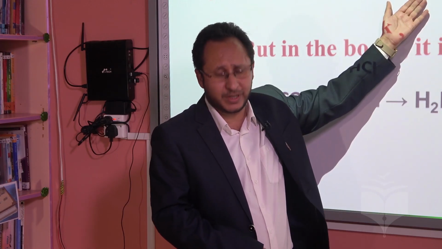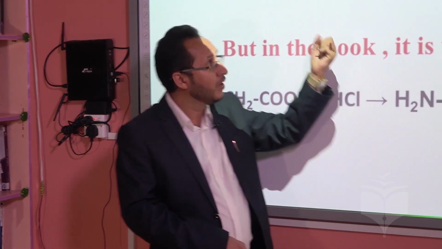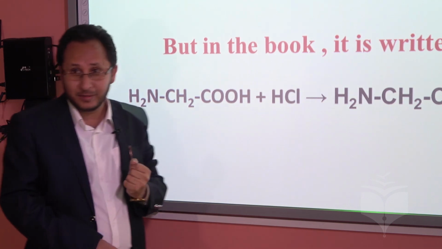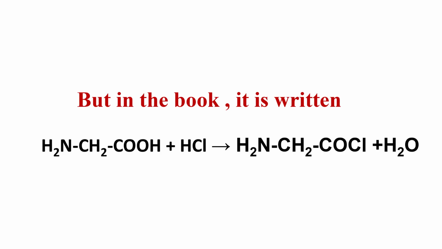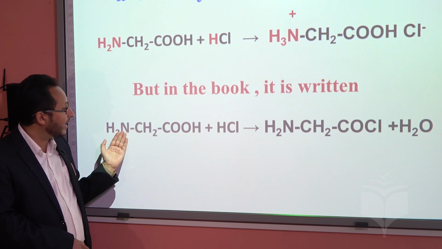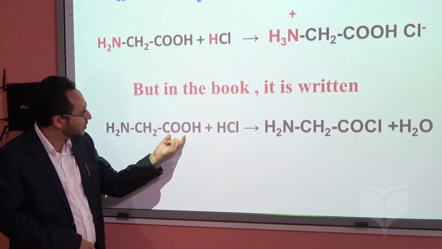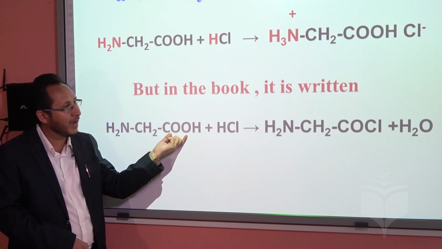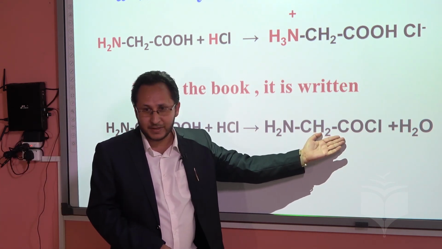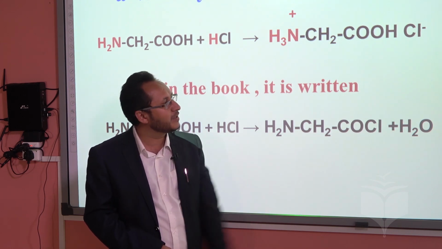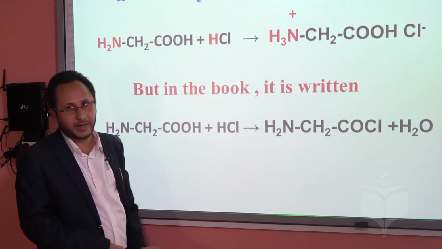So this is the right equation, because we have acid, so acid reacts with a base. But unfortunately, in the book, in the ministry book I talked about, it is written in a wrong way. It is written like this: this acid group reacts with the acid, and gives us this compound. But this compound is wrong, though we have to follow it in the ministry exam. But this is the right one.